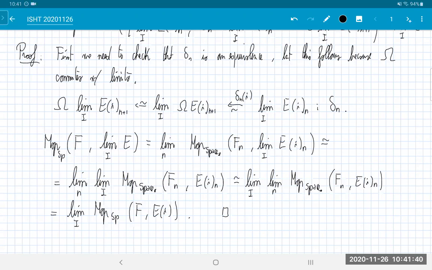Other questions about this? Then I'm going to claim that the same is true for filtered colimits. The same is not true for colimits. We'll see a counterexample in, well, in half an hour, I think, where colimits are not computed level-wise. But it is true for filtered colimits.